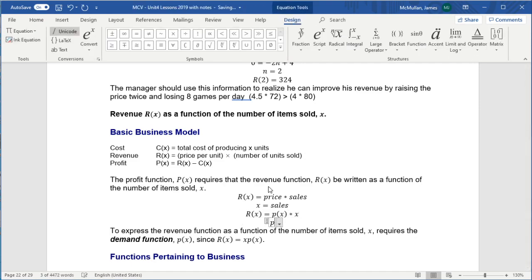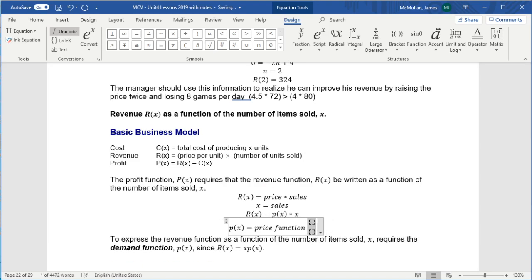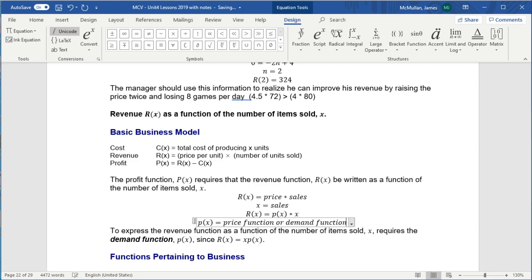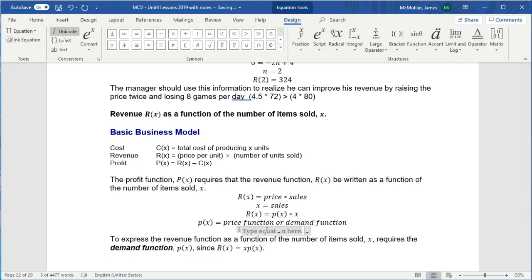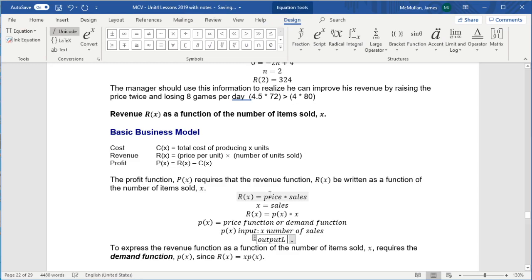P of x, of course, equals something we call the price function, or sometimes it's called the demand function. What does it do? P of x, the input is x, which is the number of sales. The output is P of x, which is the price to charge.